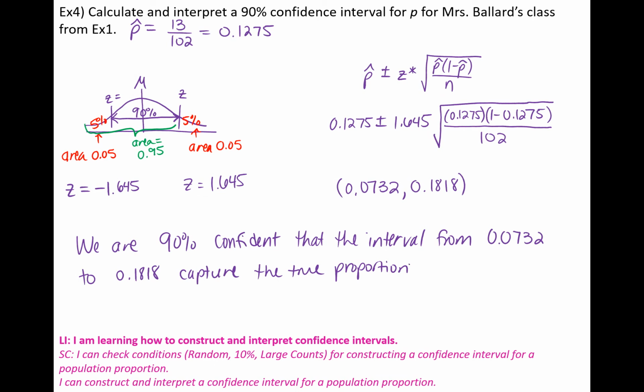And here's where we have to put in our context, the true proportion of what? In this case, it was of purple chips in the bucket.